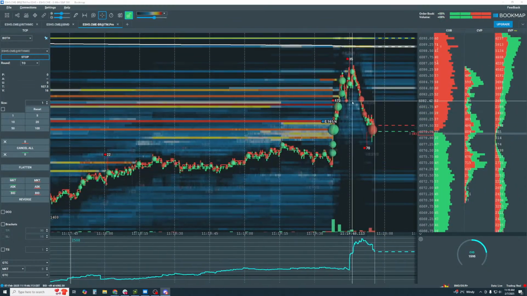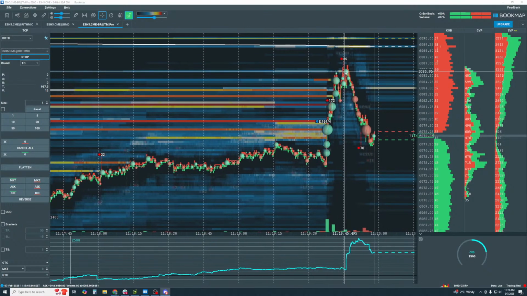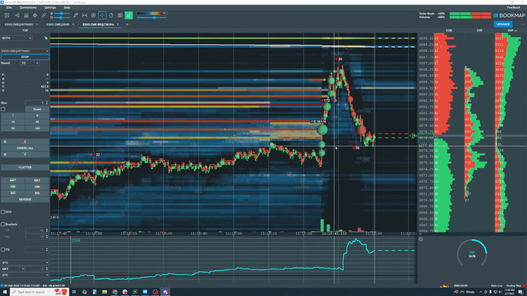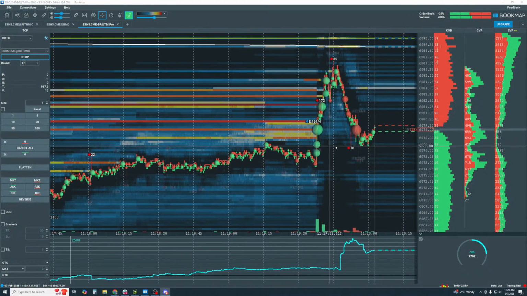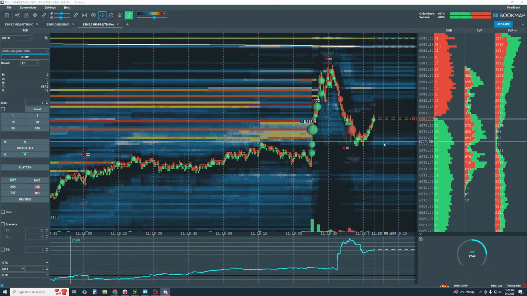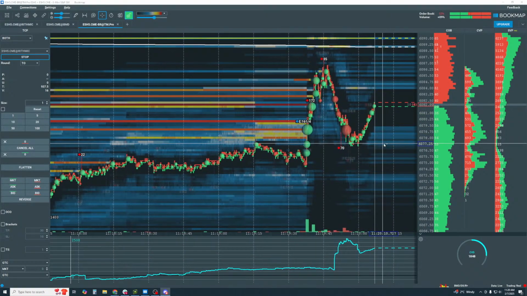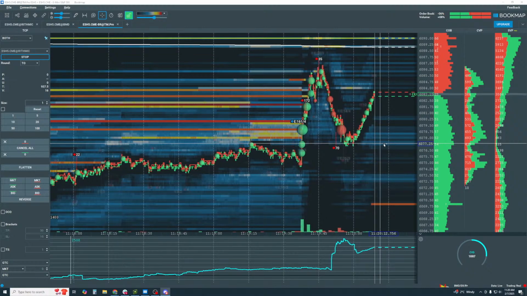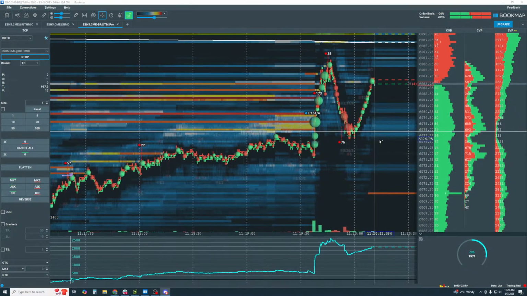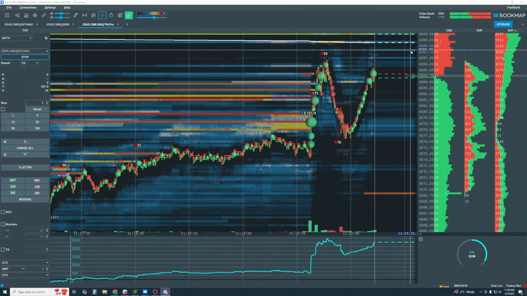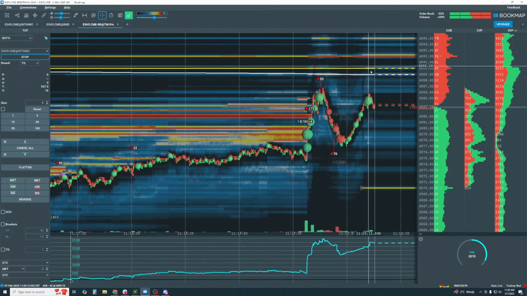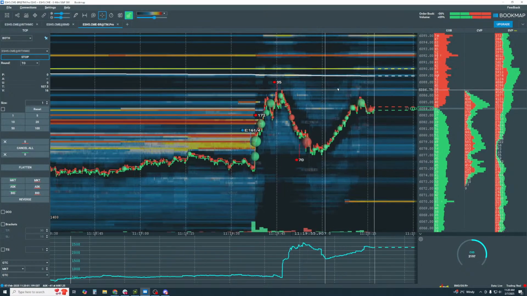You can see it traded right up into this area here and right back down here as well. Yeah, I don't like it. Most likely we'll trade back up into the mean up in here, but I don't like it.